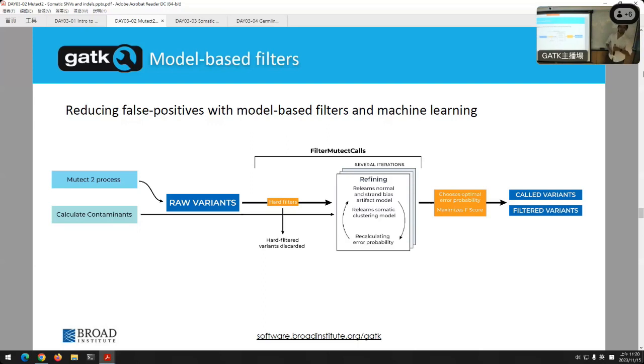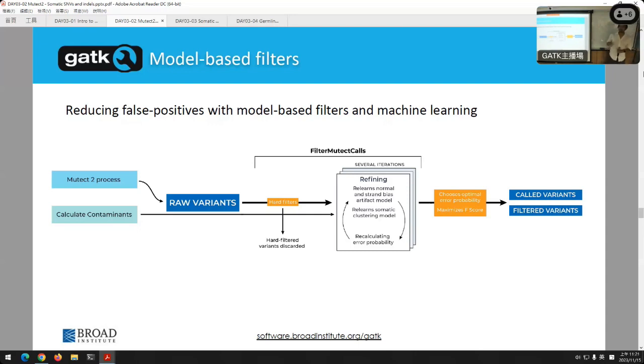Gotcha. So again, I'll repeat, the question we had over here was, how many samples should you have in your panel of normals? Eric's response was, in some ways, the more the better. 20 might be a minimum, but if you can get better, that's important. What's more important than the absolute number, though, is consistency. If you can match the particular sequencing technology, like if you're doing exome capture, the particular kit you use, as much as you can match that, you'll do a better job.